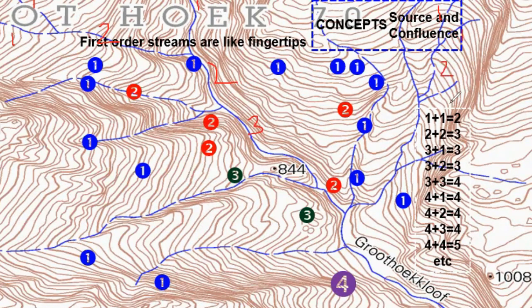This is still 1, this is still 1, so 1 plus 1 also forms 2. This is 1, this is 1, it forms 2. So 2 and 2 forms what? 3. So this is 1, it remains 1. Meaning that 3 and 3 forms what? It forms 4. That's why you see here is 4. So this is stream ordering.